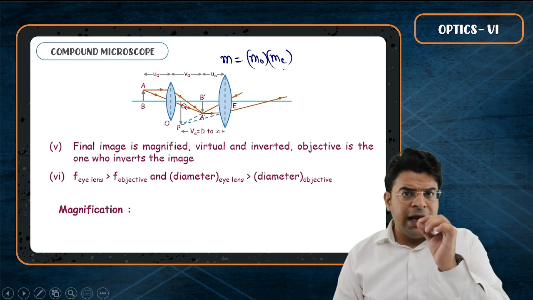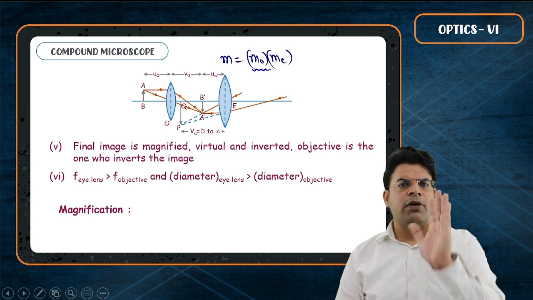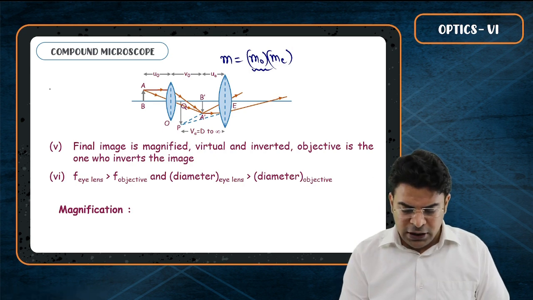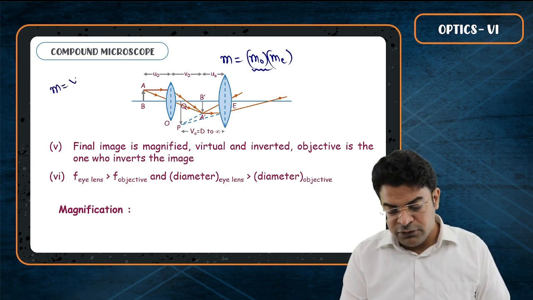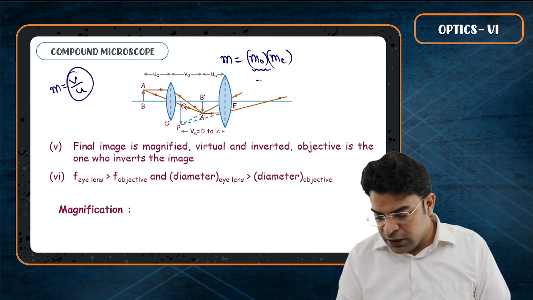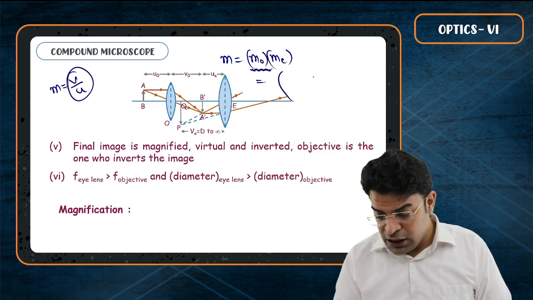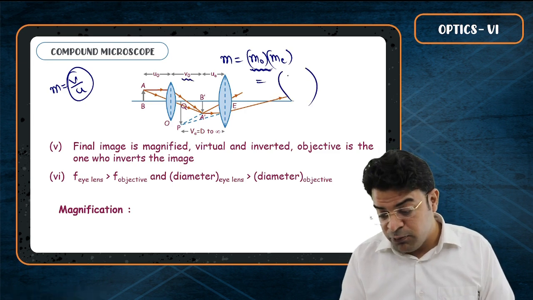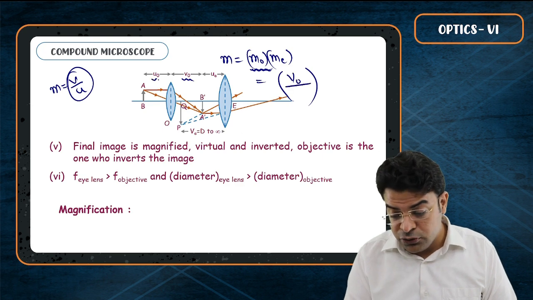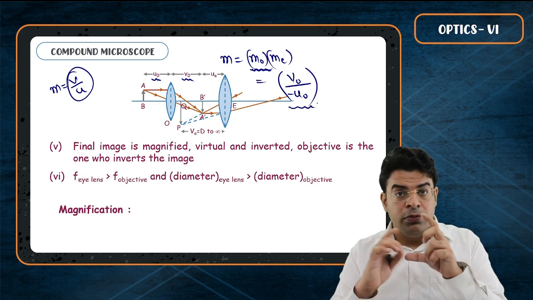I can write the magnification due to the objective using the lens formula, which tells me that the magnification is v by u, where v and u are positions. So I will substitute v as plus v naught, and u as minus u naught. So this is the magnification by the objective.